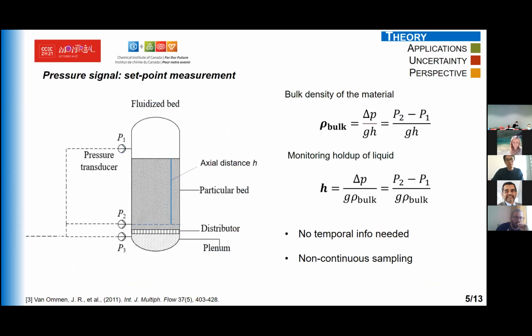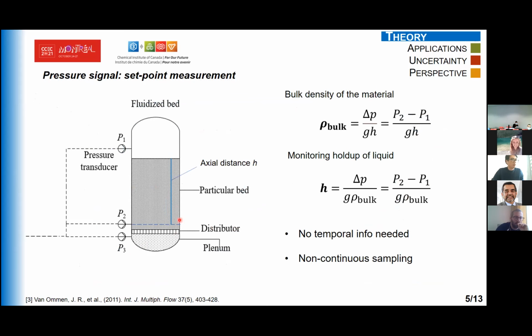Right, so chemical production and operations involving flow or multiphase flow systems can make good use of these pressure measurements. A simple application involves set point comparisons to maintain a sufficient hold-up of your solids or liquids, like what is shown here.